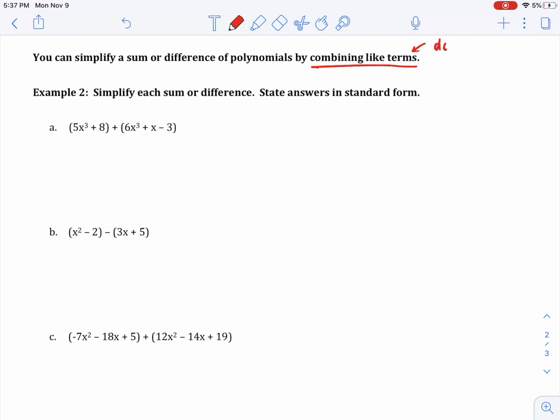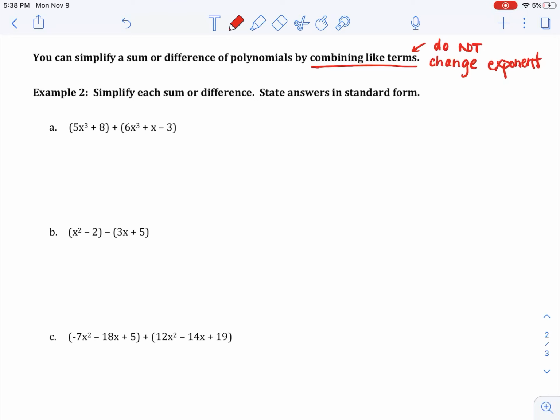Do not change the exponent. We're so used to changing the exponent from the last chapter, and we sometimes get confused when we move into this chapter. But do not change the exponent when you combine like terms. We only change the exponent when we are multiplying or dividing things that have exponents.